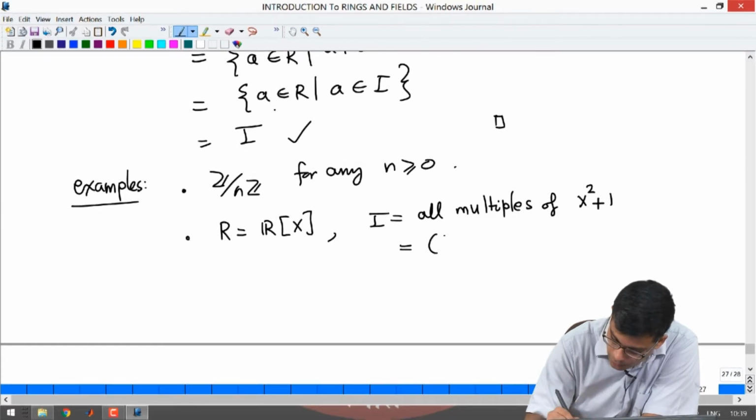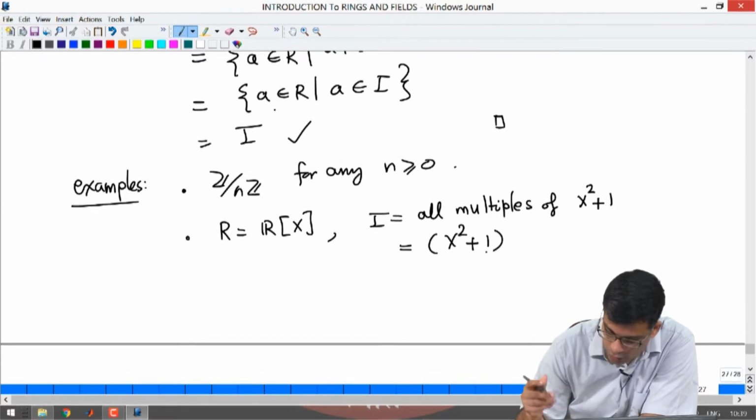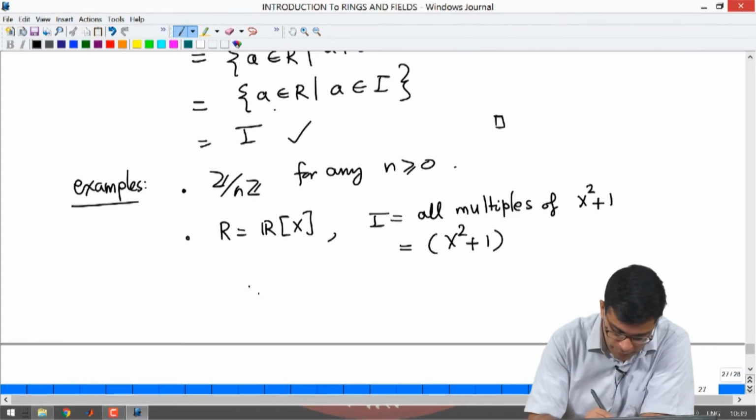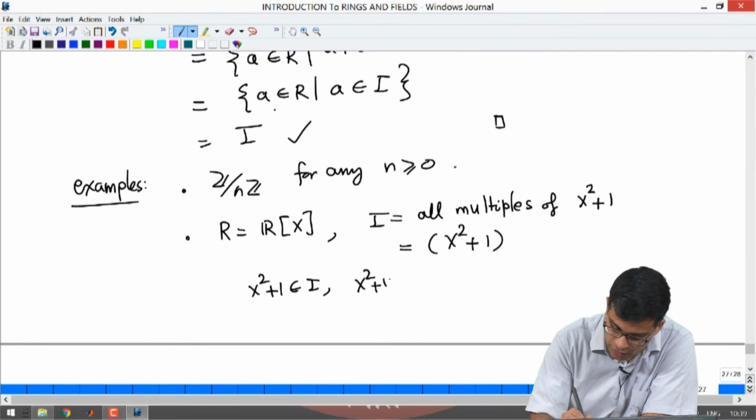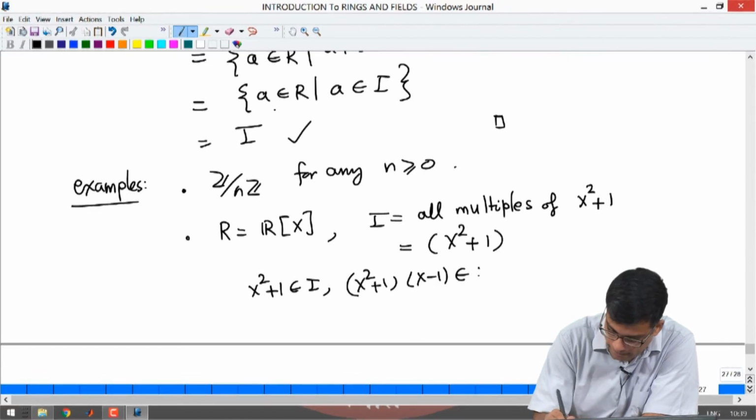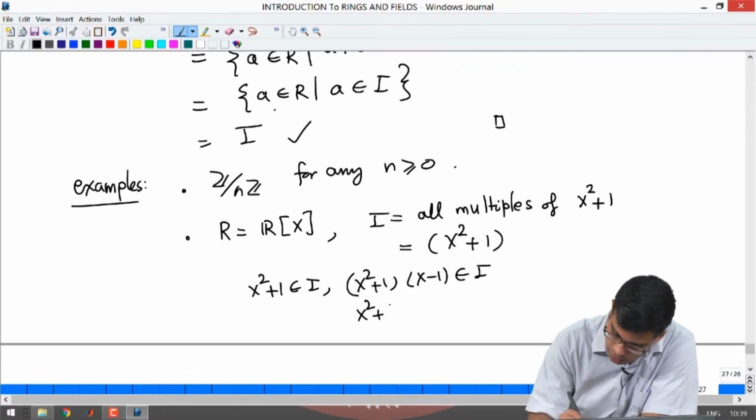This is denoted by x squared plus 1 in round brackets. For example, x squared plus 1 is in I, x squared plus 1 times x minus 1 is in I, x squared plus 1 times any polynomial in general is in I.